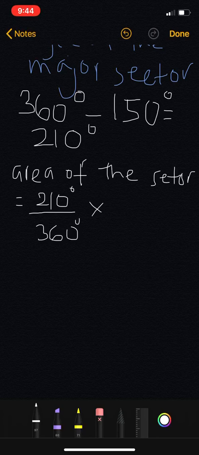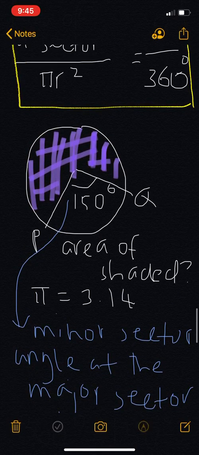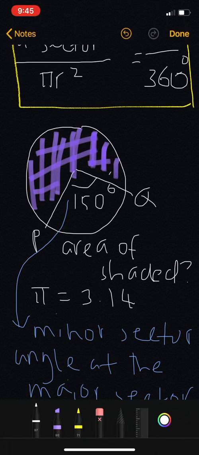Our pi is 3.14. Our radius is 12. Oh, I forgot to give you the value for the radius. Sorry, the radius is 12.